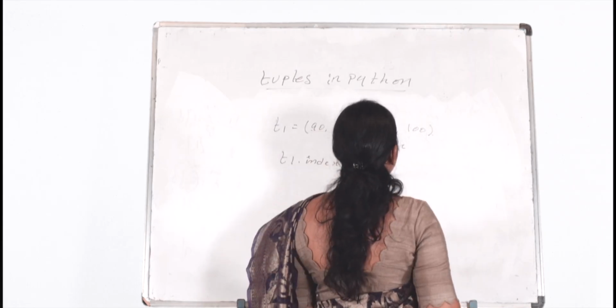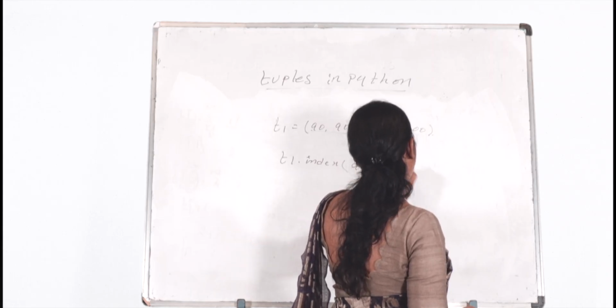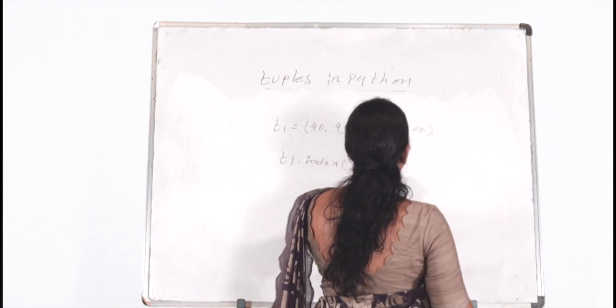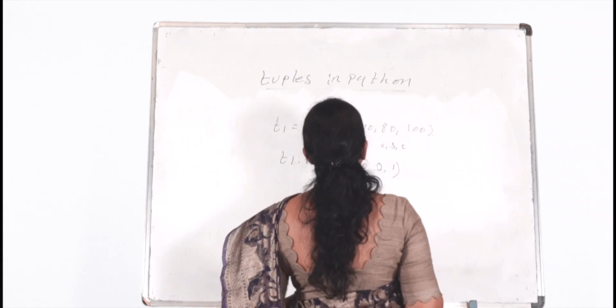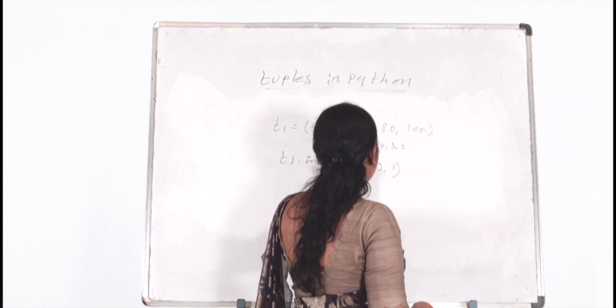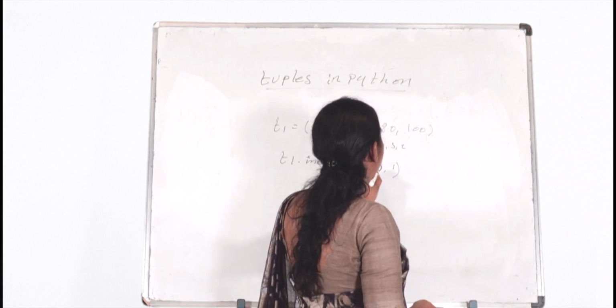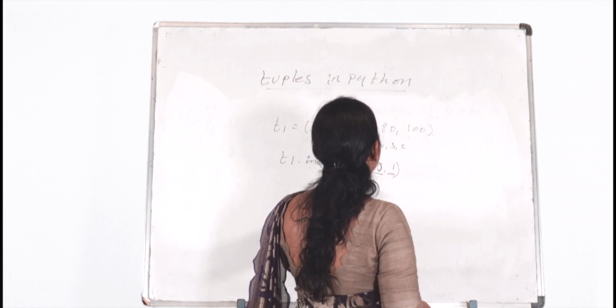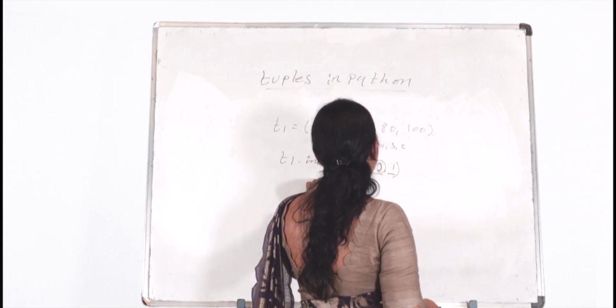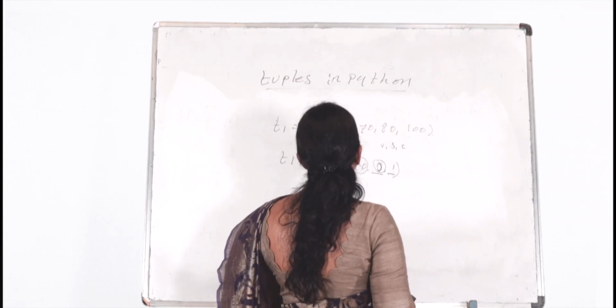I will start at index 0 and end at 1. Then the index position where 90 is present is retrieved, and the index position of 90 is 0. This is how to find the index of a value.